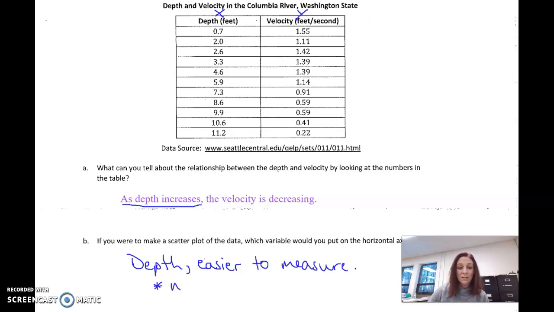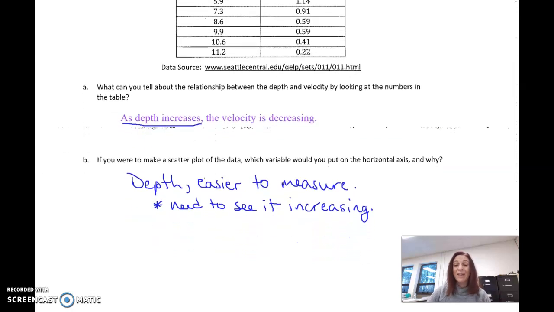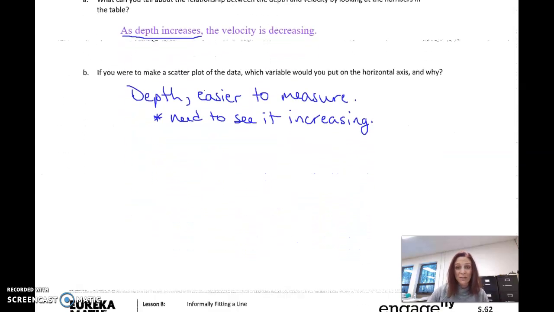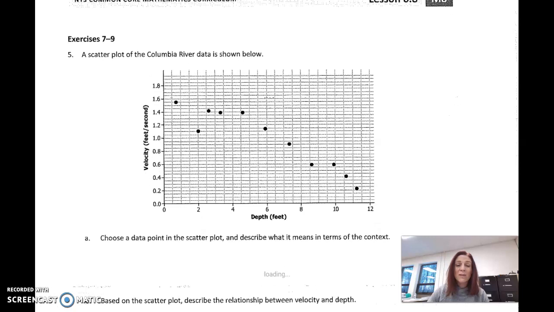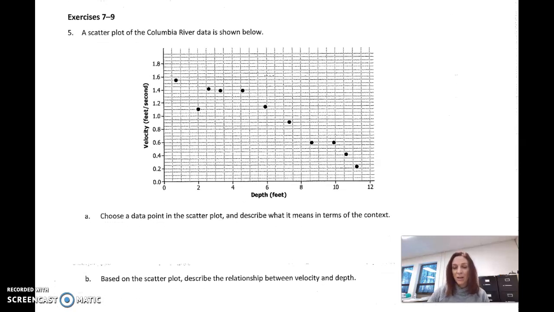We need to see it increasing because, as you heard me say over and over, I always draw the arrow on a scatter plot, and then I say as whatever the x variable is increases. And then we can see what is happening to our y variable, our dependent variable, if anything is happening to it. So now here's the scatter plot of it.